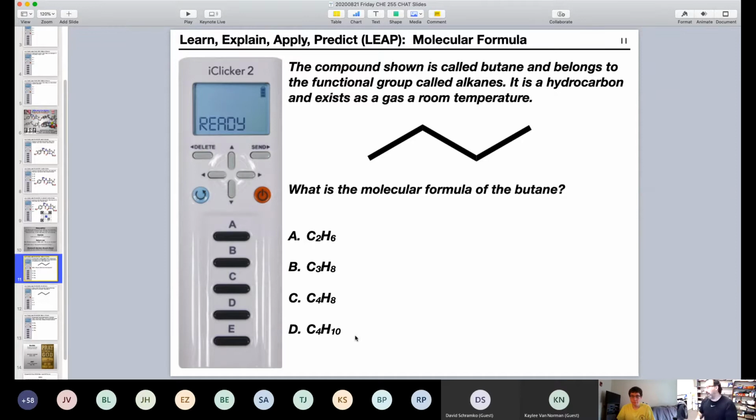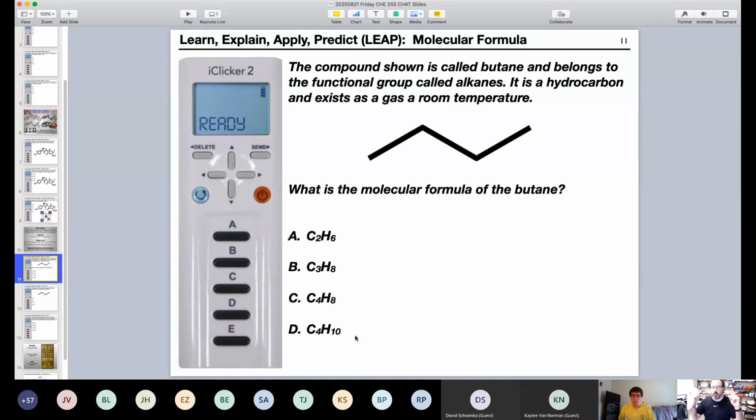On the flip side of that, if I were to ask this question, say, in the following sense, if you were given the molecular formula C4H10, which of the following structures could be an isomer belonging to that molecular formula?